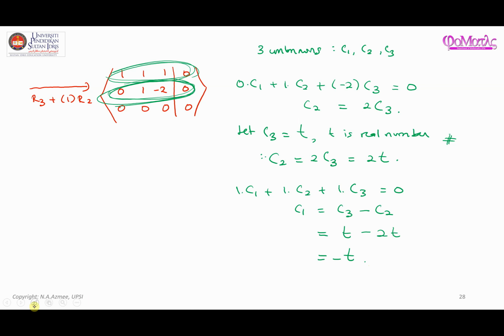Sorry, hang on, I made a mistake here. Hang on. So here we have c1 is negative c3 minus c2. So negative c3 is negative t, minus c2, which is 2t, so this is negative 3t.